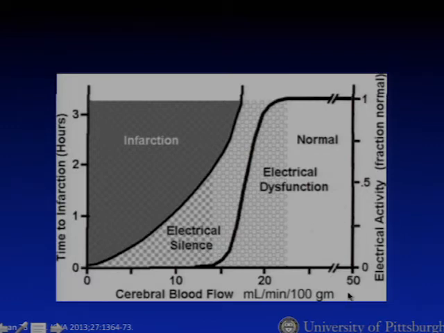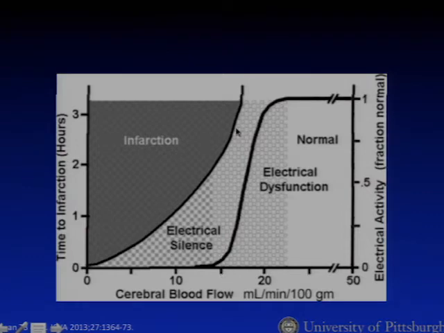So we see here normal cerebral blood flow, 50 ml per minute per 100 grams. As it's decreased, between 20 and 25, we start seeing EEG changes. And below that, by about 15 or 13, we have isoelectric EEG.